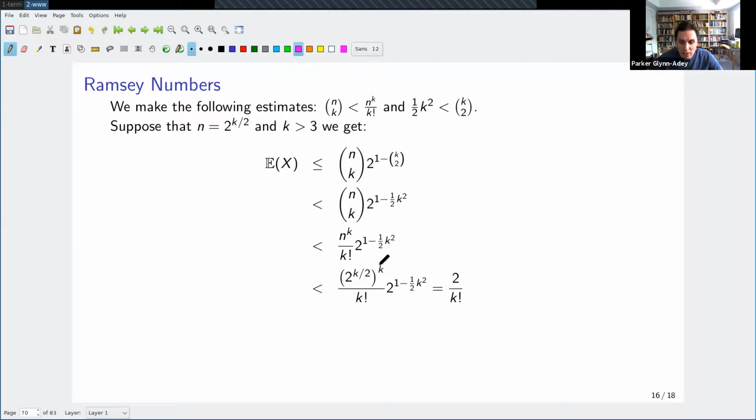Those k squareds cancel out. We're left with 2 over k factorial. And because k is bigger than 3, this is less than 1.